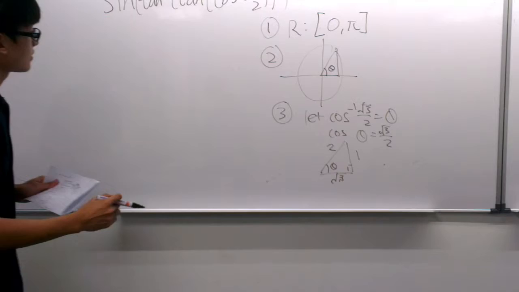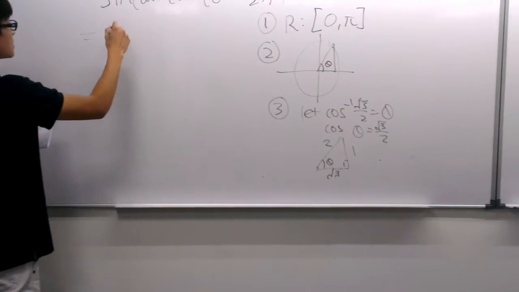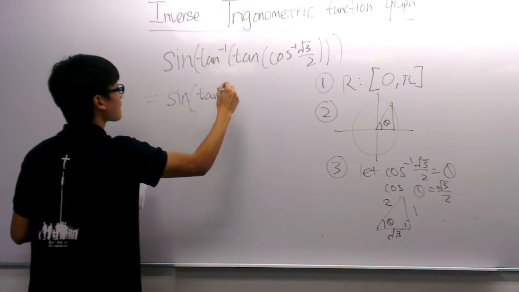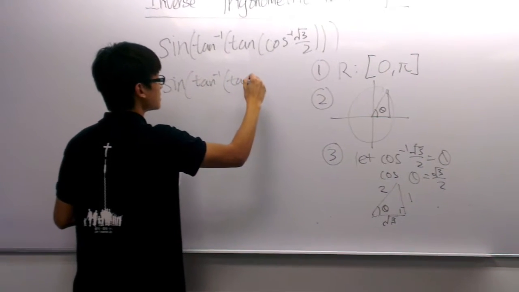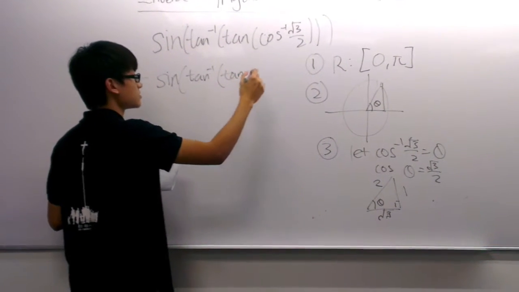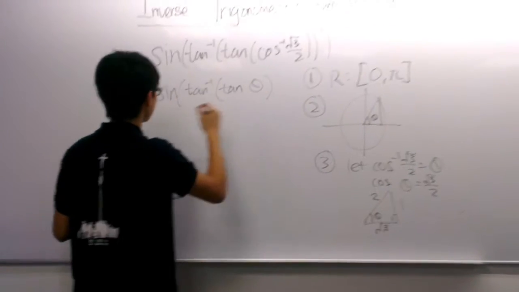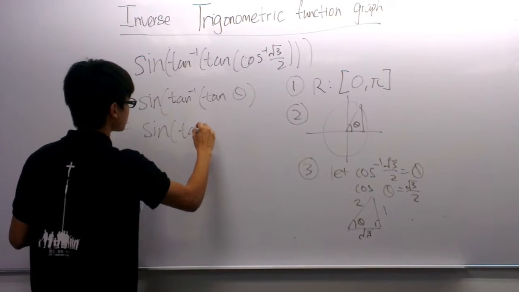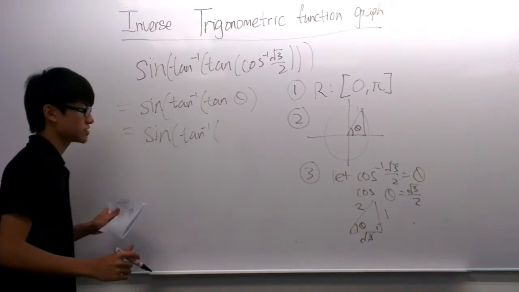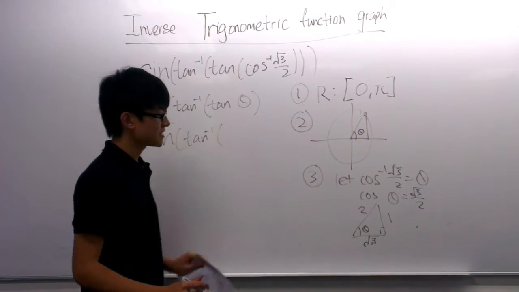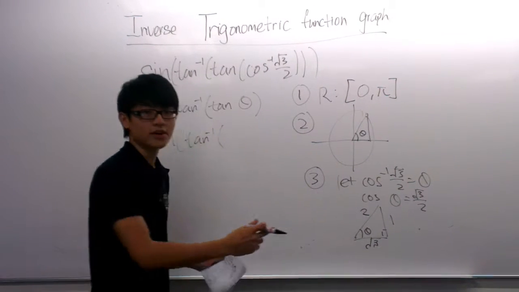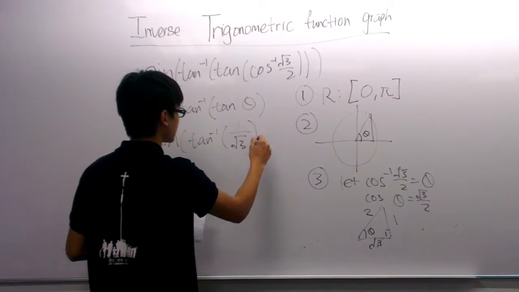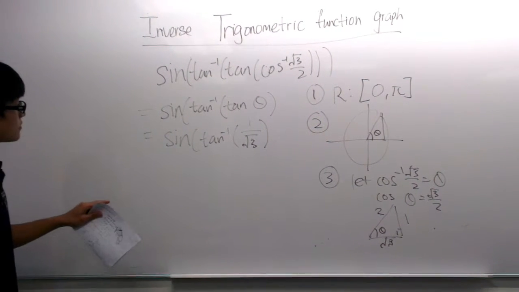Now we rewrite the equation again, and we change the arccos √3/2 to theta. Now we are able to solve part of this question. So tangent theta is equal to 1/√3.